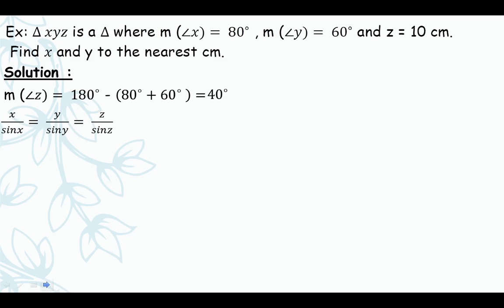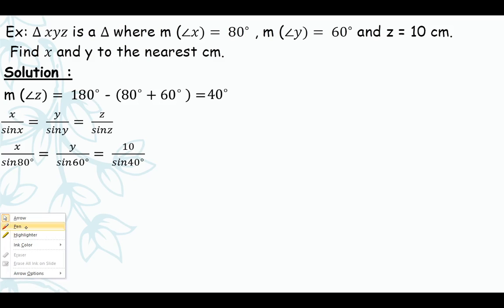Then we can write the sine law: x over sine X equals y over sine Y equals z over sine Z. Then substitute the given values: x over sine 80 equals y over sine 60 equals 10 over sine 40. Then by using cross multiplication, you can get the length of x.